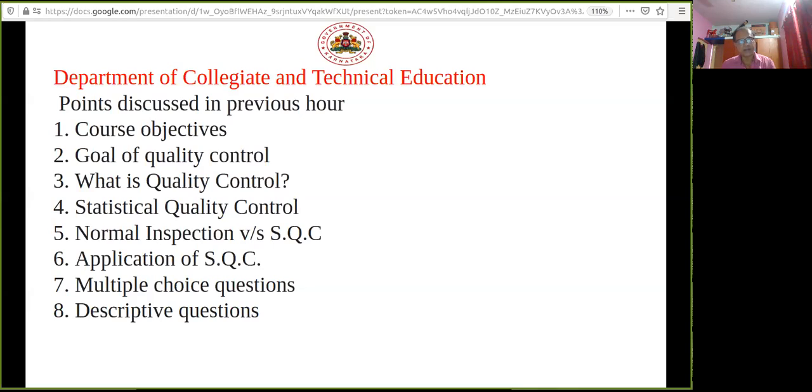Apart from that, a very important question here is: what is the difference between normal inspections and SQC? This is one of the major aspects of quality control that we discussed, and the applications are also one of the most important questions discussed in the last class.